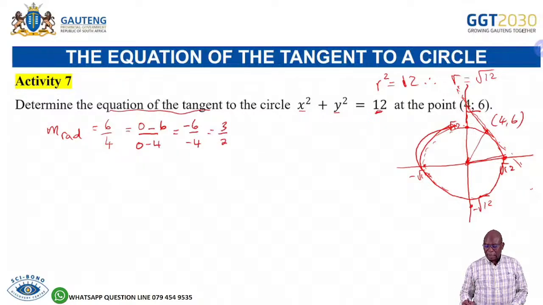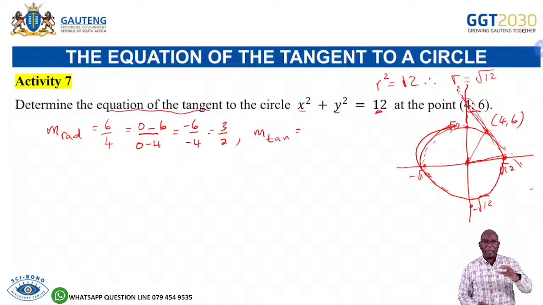Now for me to get the gradient of the tangent, I need to write this one like this. Remember the tangent and the radius are perpendicular to each other. So the gradient of the tangent will be the negative reciprocal of 3/2.